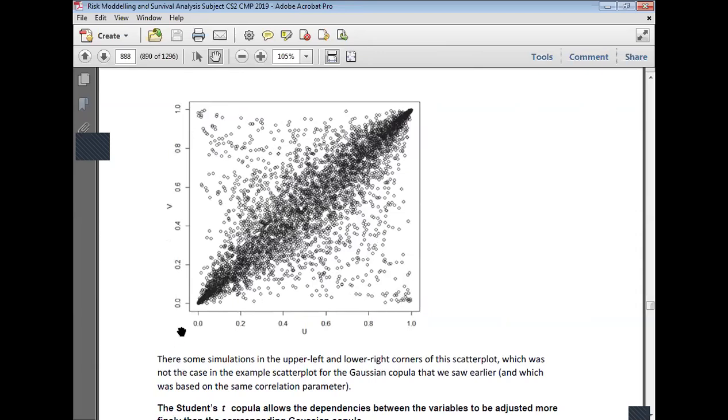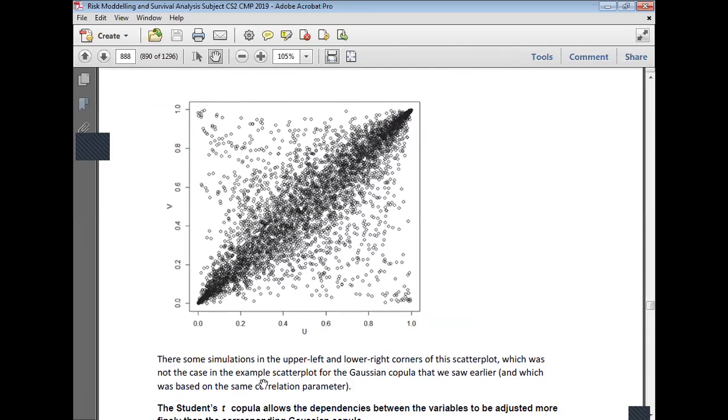So let's say if this were a Gaussian copula, then what would you see? You would see that you have a dependency, not exactly dependency, but here and here. In the right bottom corner and in the left upper corner, you had nothing going on, right? But if you're looking at t, you do see some points here, some points here.